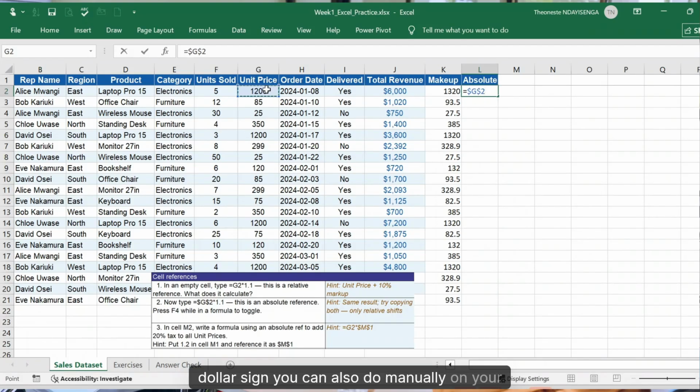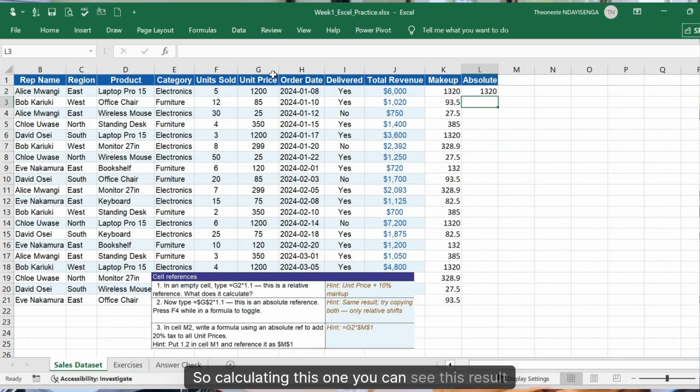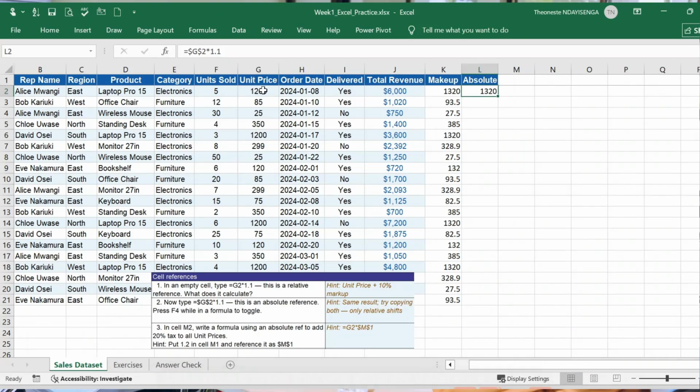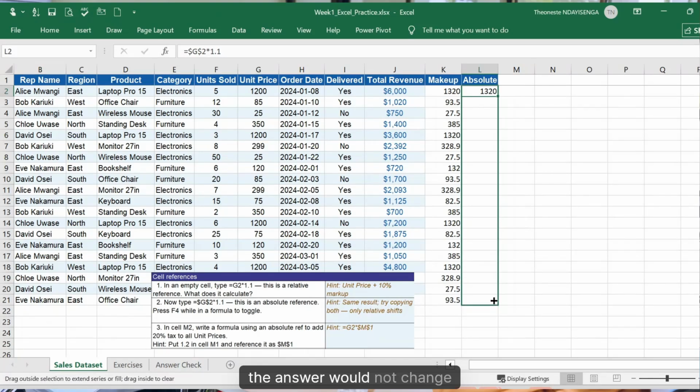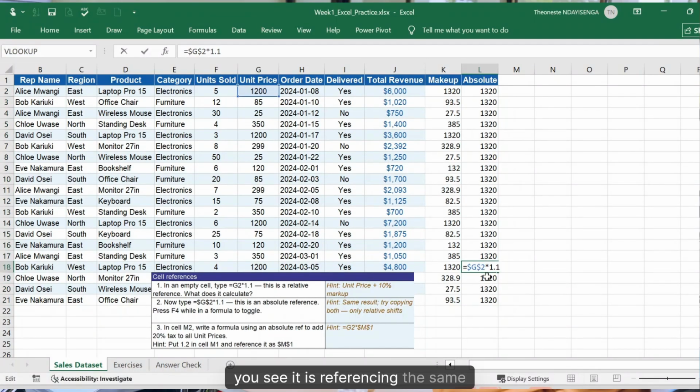You can also do it manually. Then you multiply by 1.1, which is equal to 110%. Calculating this, you can see this result. Because we made this an absolute reference, once we scroll down, the answer will not change, because everywhere you click, you see it is referencing the same cell.